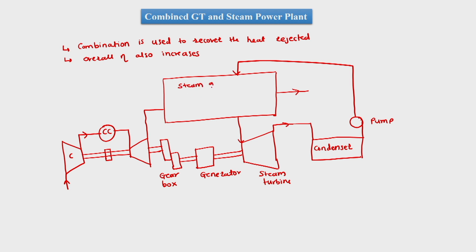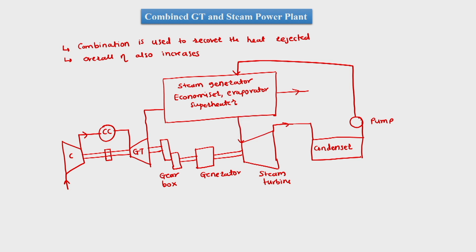This is the steam generator, which has everything such as an economizer, evaporator and maybe a superheater. So this is a general arrangement in case of a combined steam power and gas power plant.